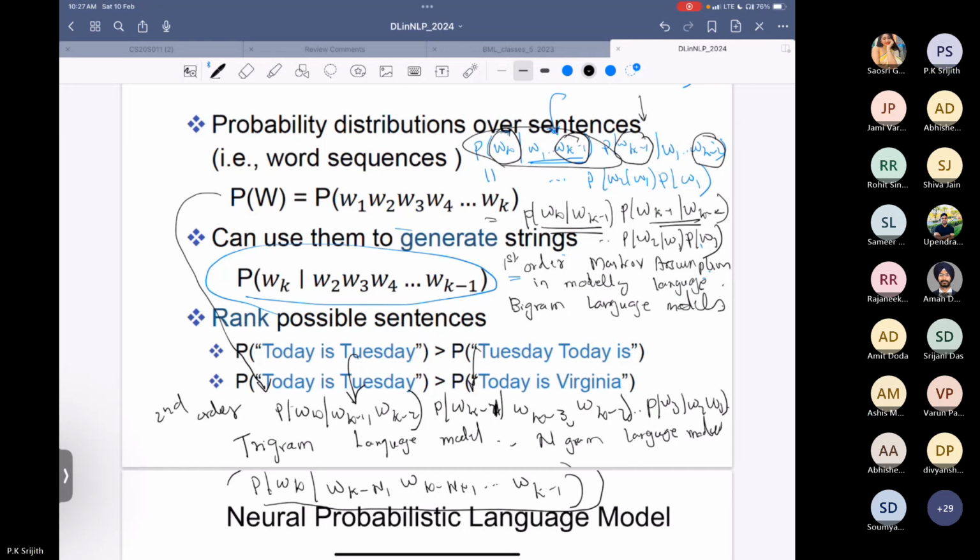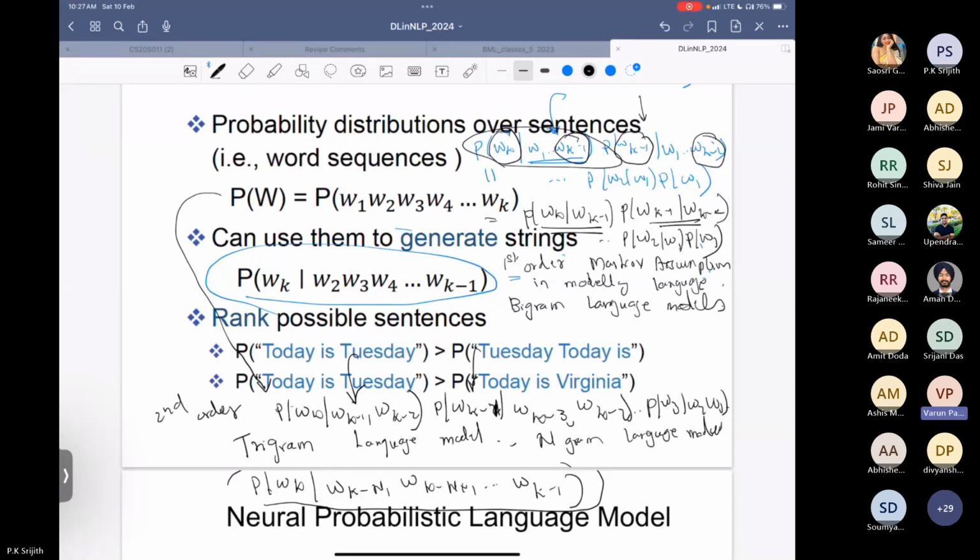I guess you studied LDA, latent Dirichlet allocation, also. In LDA, they have a generative model, and in the generative model, they consider the number of tokens to be generated to be sampled from a Poisson distribution. So that k is typically modeled as a Poisson distribution.